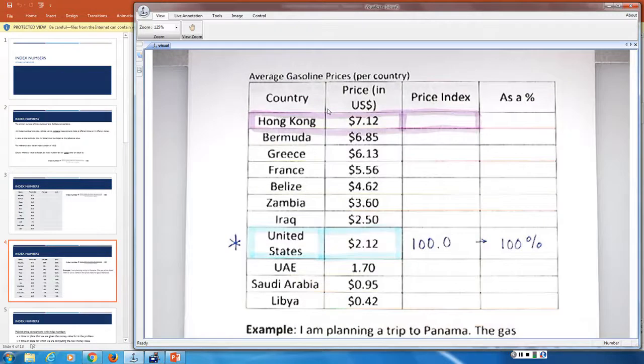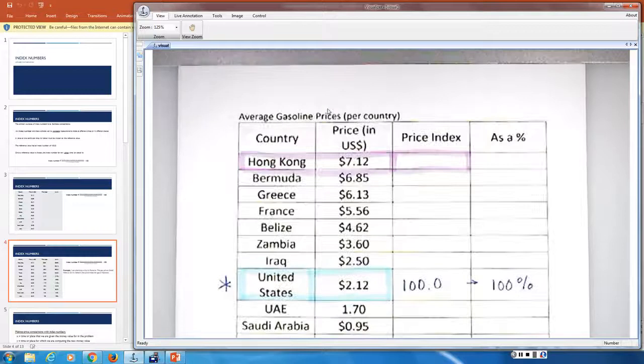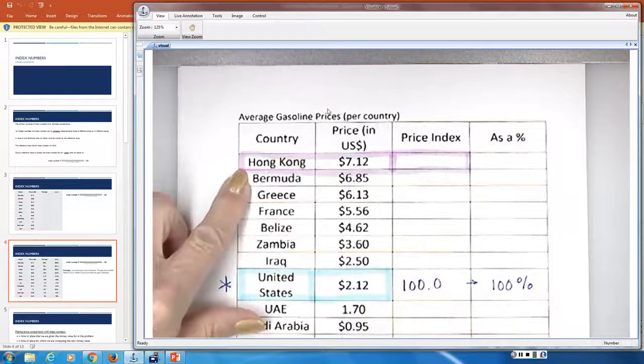If I want to find the price index for Hong Kong, remember, we're the reference value.